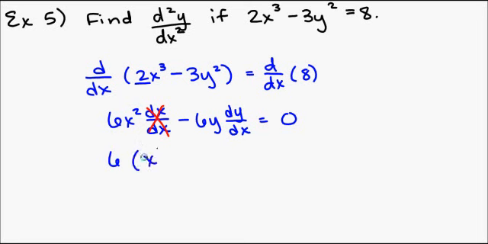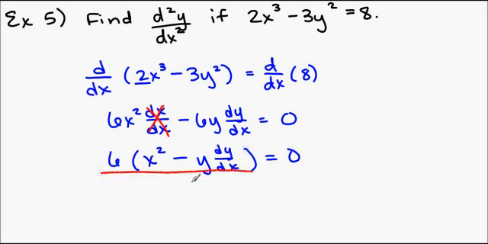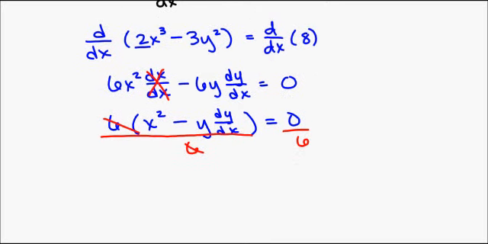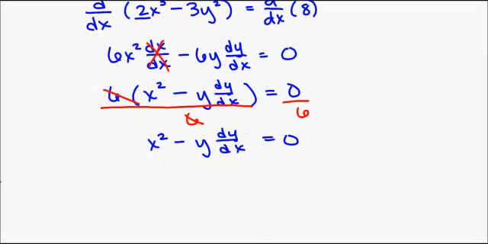So I have 6 times x squared minus y dy dx. And I can divide both sides by 6, and that really just goes away because 0 divided by 6 is still 0. So I have x squared minus y dy dx equals 0. And that's nice because this is simpler and cleaner now.